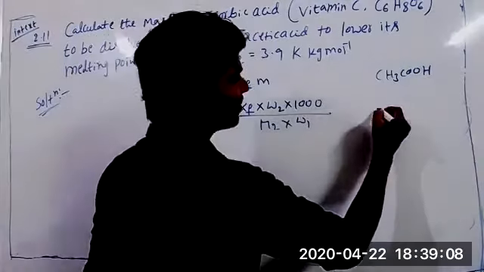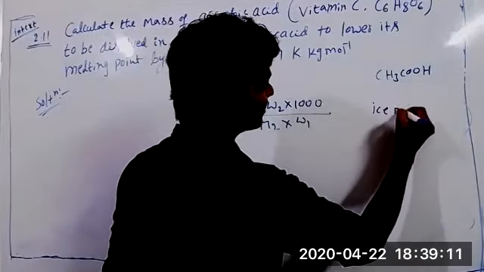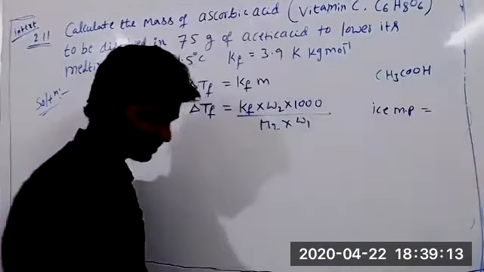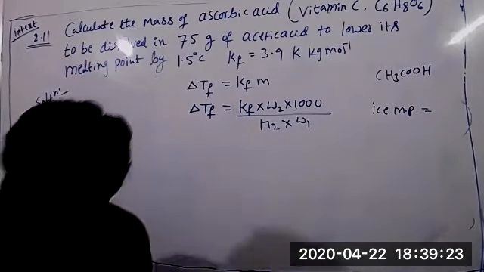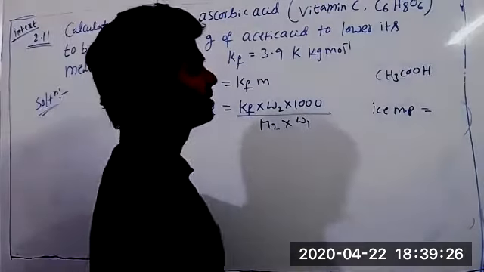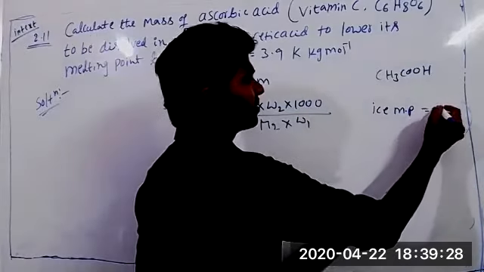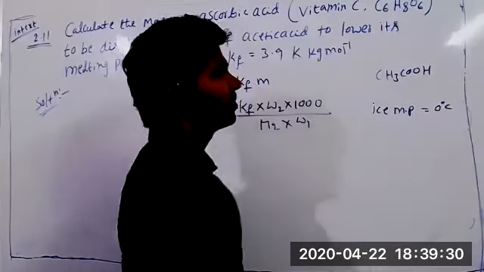What is the ice melting point? 273.15 Kelvin, that means 0 degree centigrade.